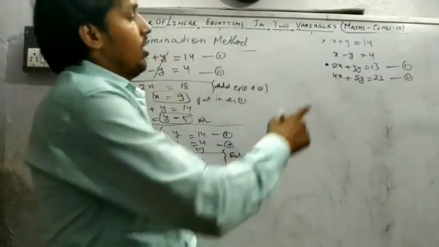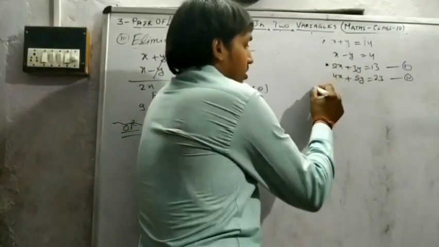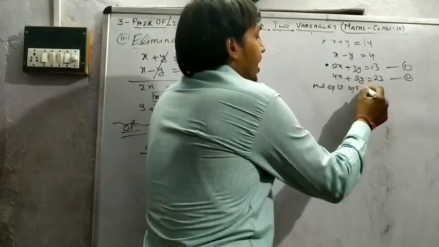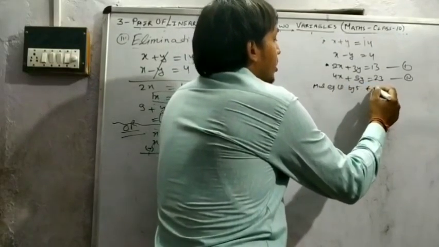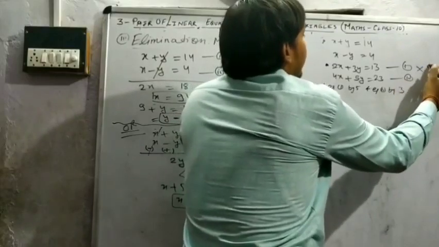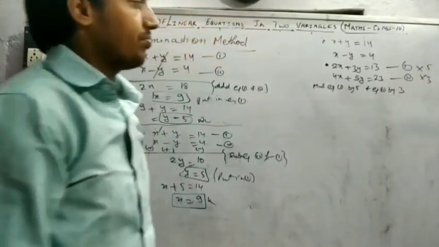But we want to equalize the y coefficient. So multiply the first equation by 5 and the second equation by 3.